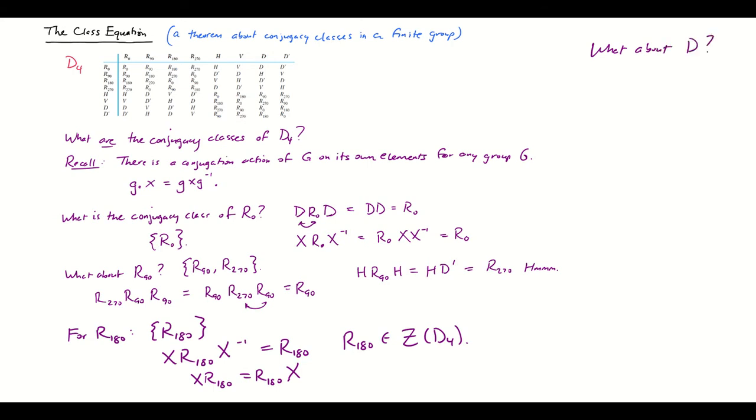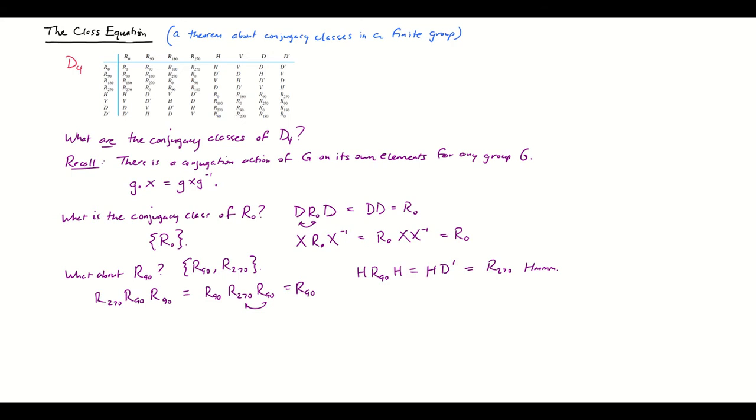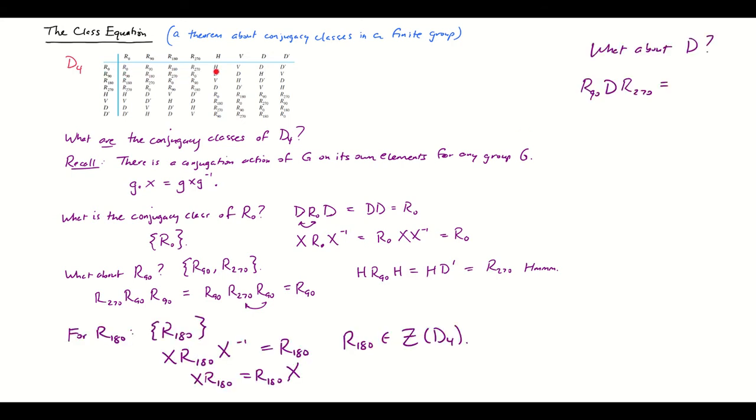The reflection D. Well, if I take D and conjugate with R90, so R90 on the left, R90 inverse on the right, R90 inverse is R270, then just doing the calculations one at a time, R90 times D is going to be H, and then H times R270, again using the table, is D prime. Okay, so D prime is a conjugate of D.